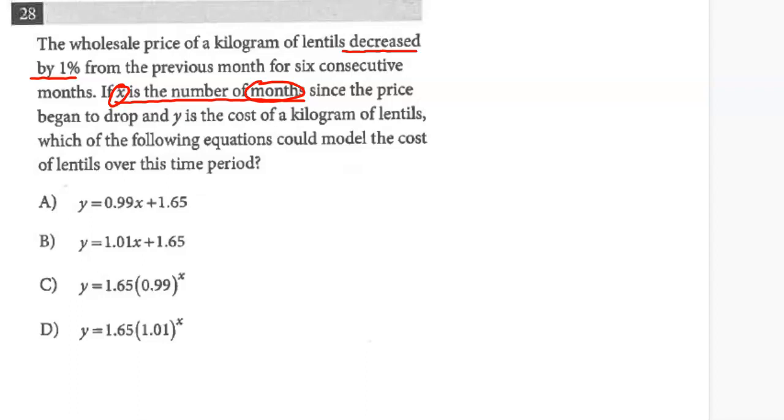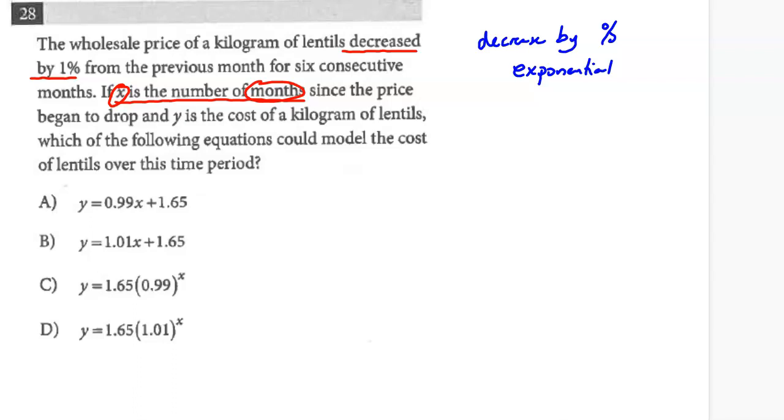So basically, whenever you are decreasing by a percent, that is not linear, that's exponential, because you're decreasing by a percent of a different number every single month because you're getting smaller and smaller.